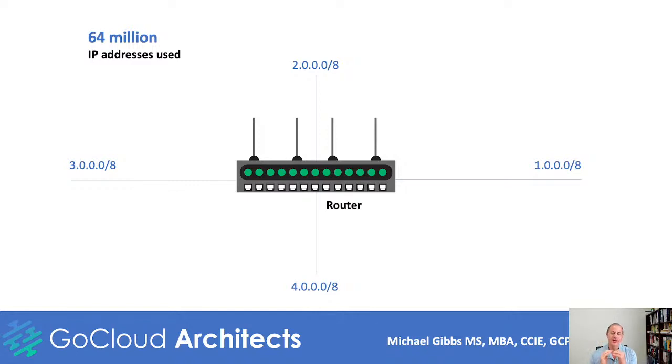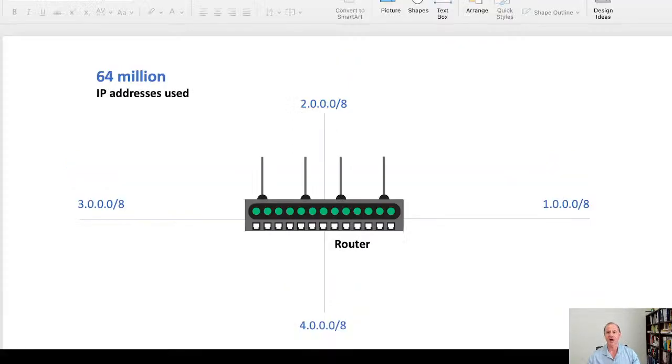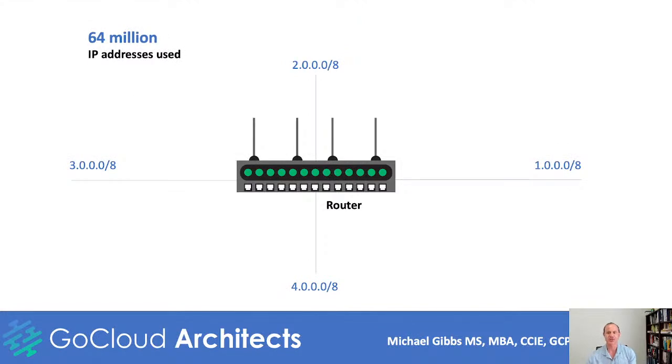And if we used these 4 networks just for 4 interfaces on this router, we'd be using 64 million IP addresses. And I'll show you why. This would be 64 million IP addresses literally wasted on one router and nothing else in the world. Why? Because it's a /8, and I'm going to show you the math.